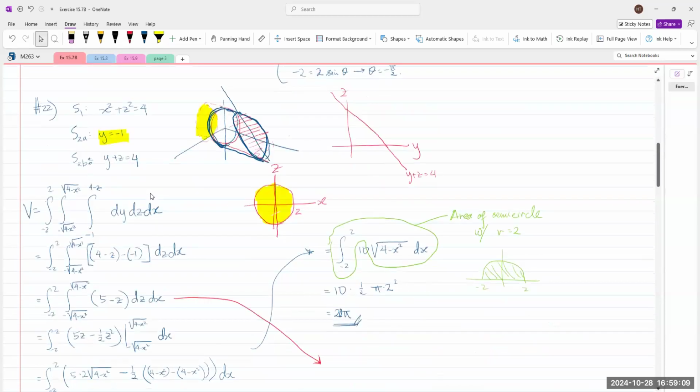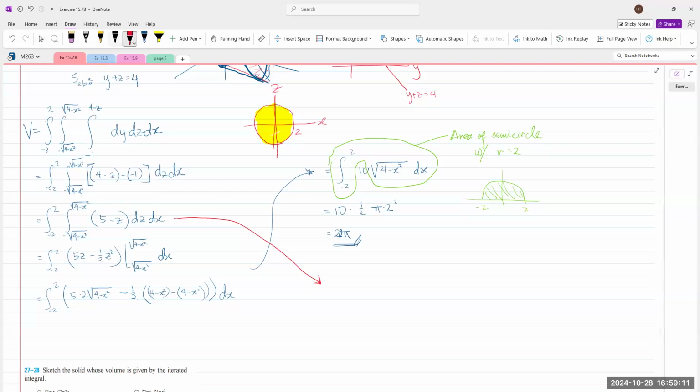Okay, if I come back here, this becomes the integral from 0 to 2 pi, integral from 0 to 2 of 5 minus, what is my z again? r sine theta, right? r dr d theta.